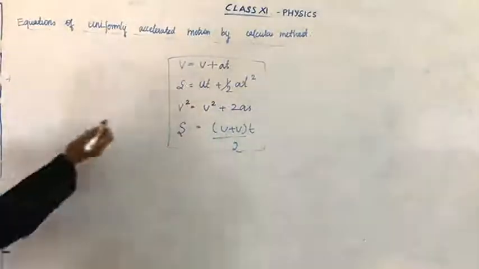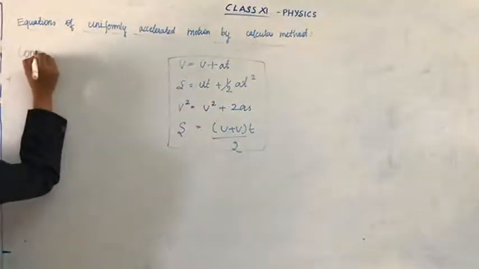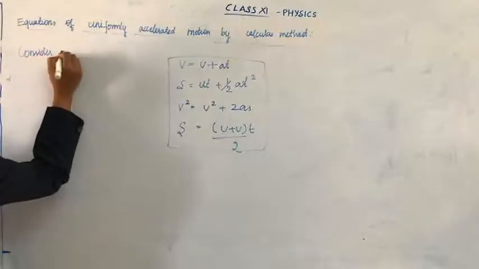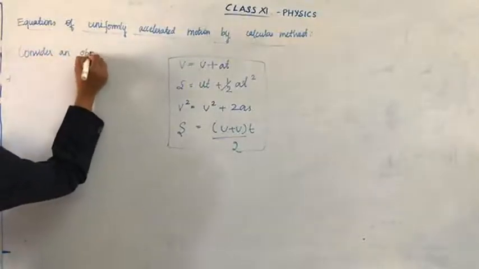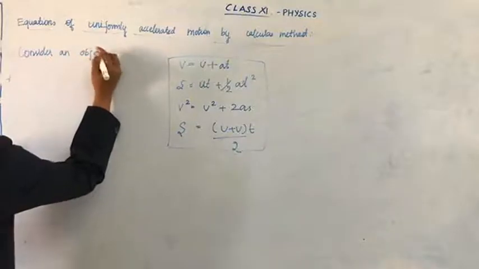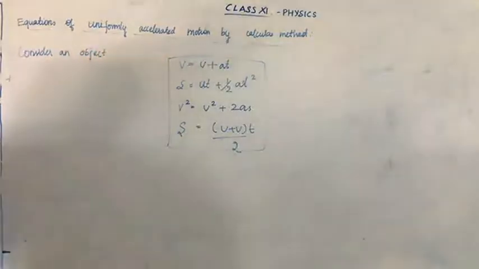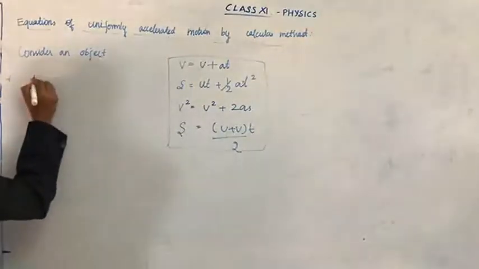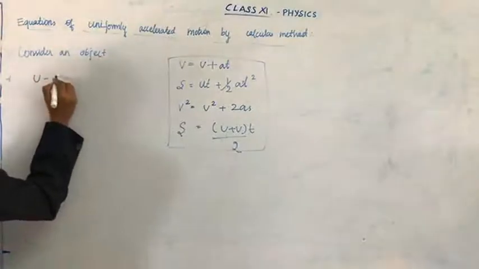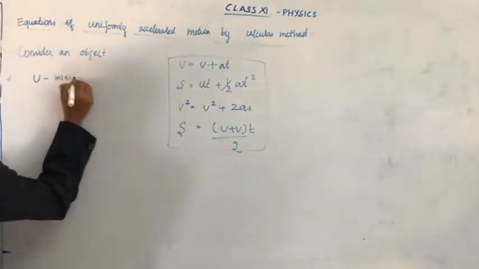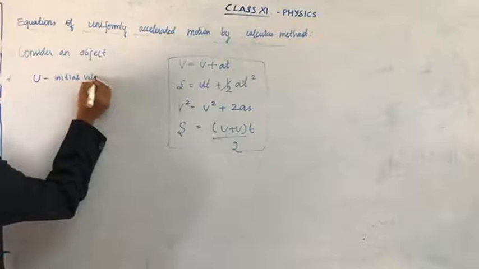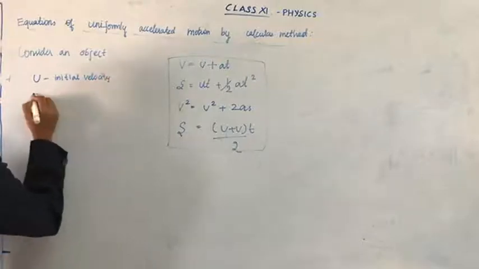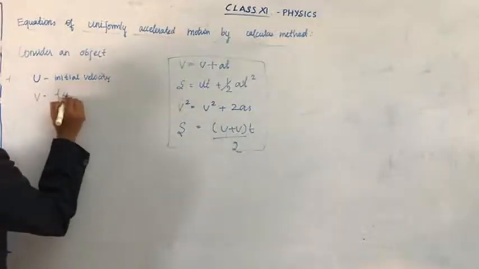Now consider an object with uniform velocity. U is taken as the initial velocity, and v is the final velocity.